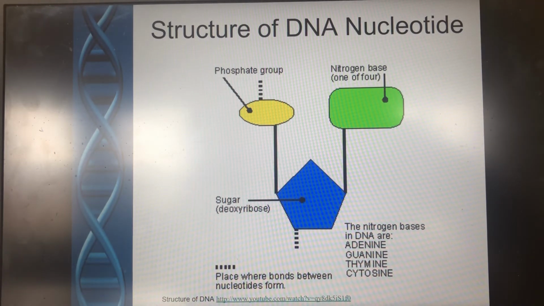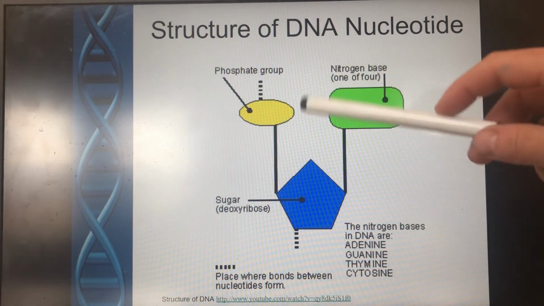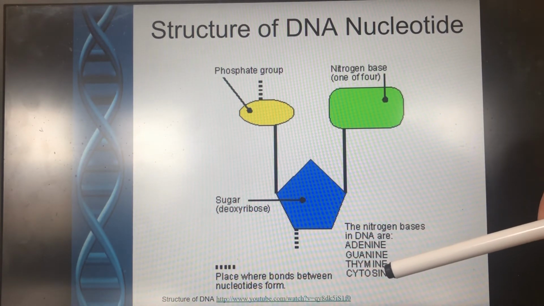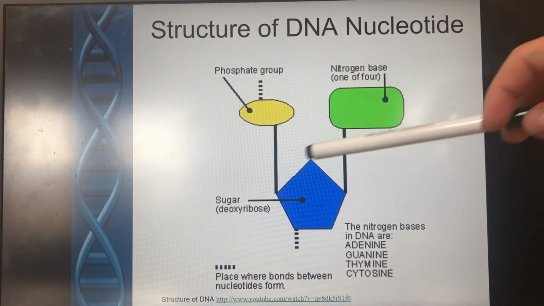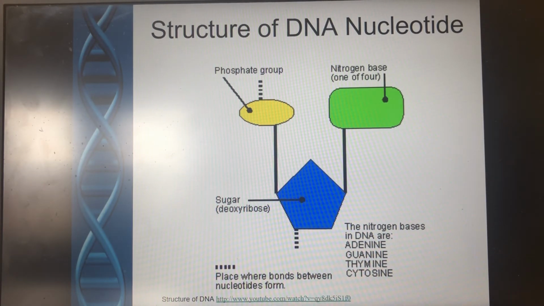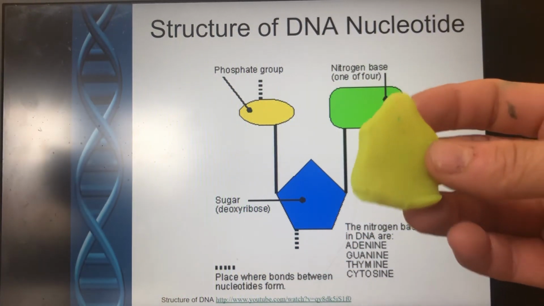So again, this is just another picture where you have your 5-carbon sugar, you have your nitrogen base. Again, there's one of 4. They could be adenine, guanine, thymine, cytosine, and then you have the phosphate groups. Okay, and I have my own little model here that we're going to look at, but what you'll see is the 5-carbon sugar.